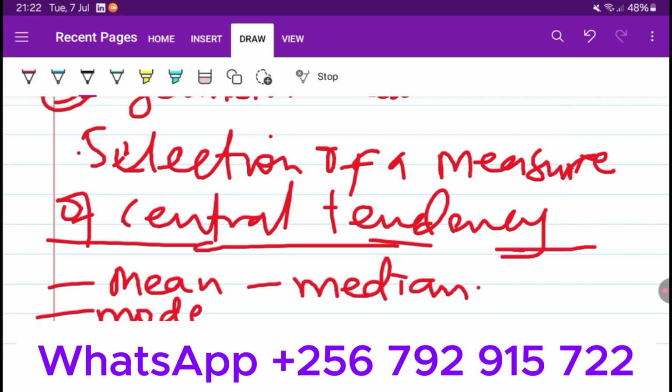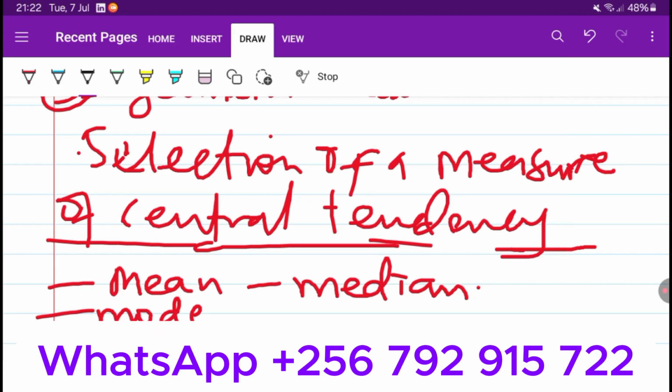Because we are using different methods, we may end up having different answers, but all these three are used for us to get the central value, that single value that is in the center of the distribution.